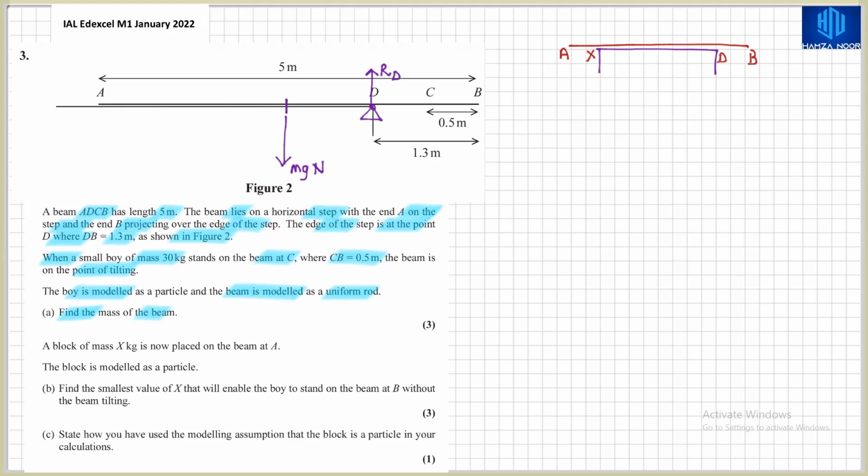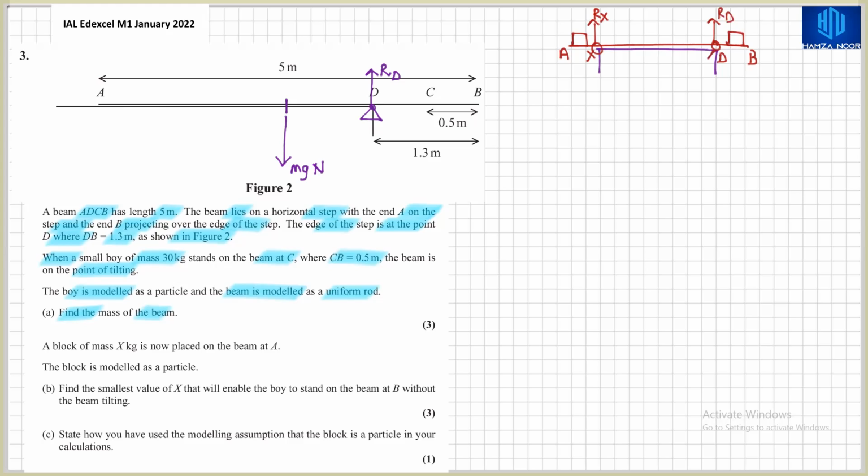If you place an object over here, the rod has the ability to tilt about point D. And if you place an object over here, the rod has the ability to tilt about point X. I mean to say that if the horizontal step would be something like this, we would have a normal reaction at point X and a normal reaction at point D as well.